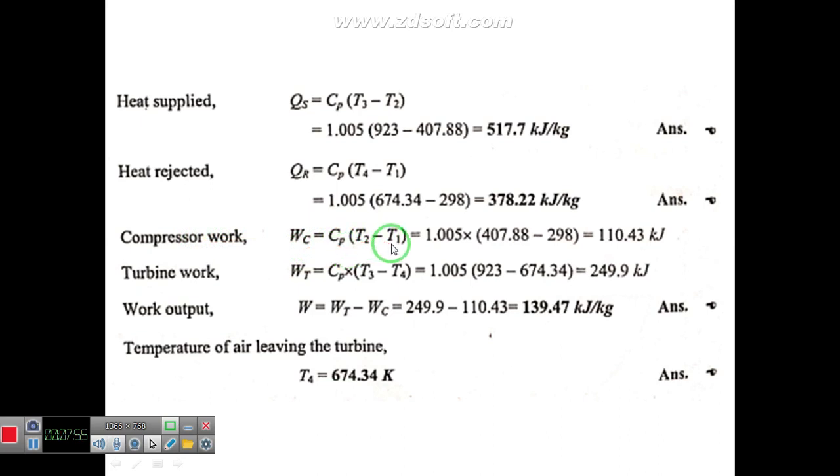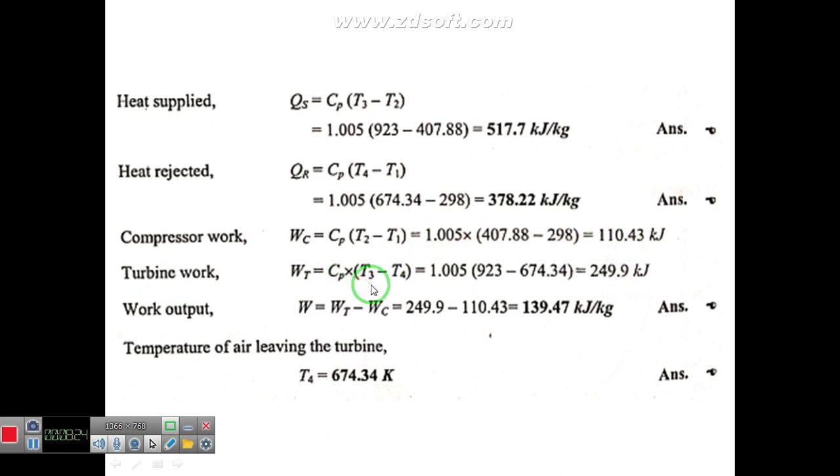Next we are going to solve the compressor work. Compressor work is the 1 to 2 process, the isentropic compression process, so cp into change in temperature. Taking the temperature T2 minus T1 into the cp value, we get the work done of the compressor, 110.43 kilojoule. Next we are going to find the value of turbine work.